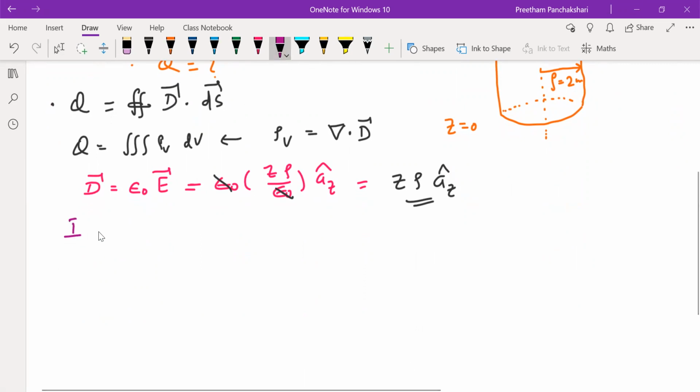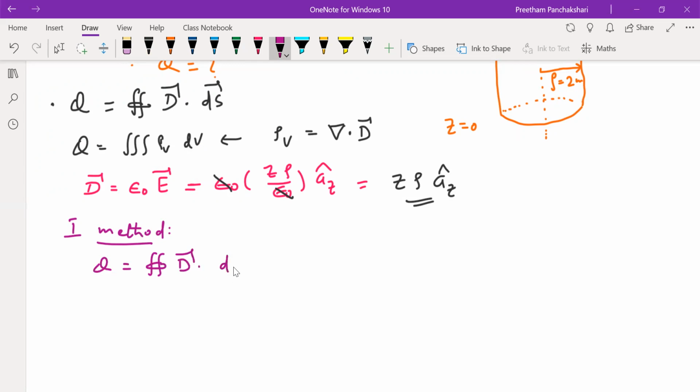So first method, let us go with closed surface integration of d. Here, the closed surface is cylindrical.